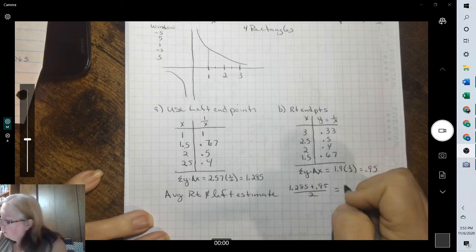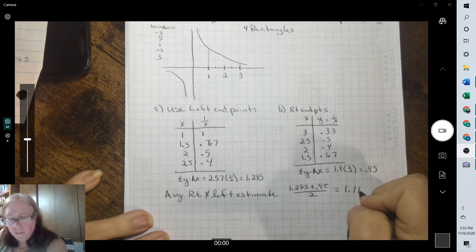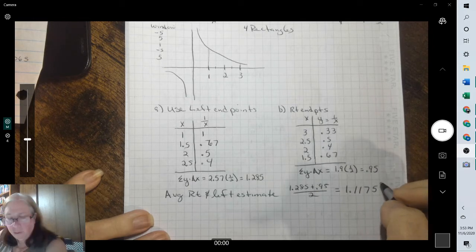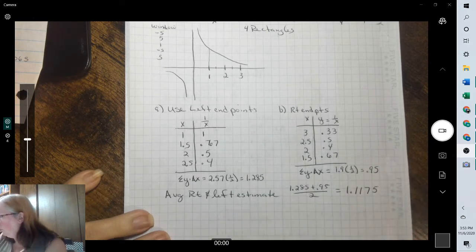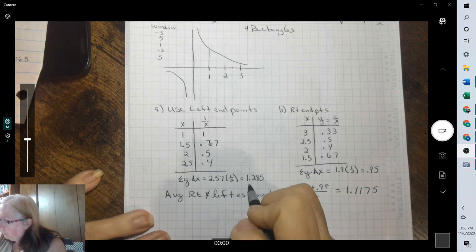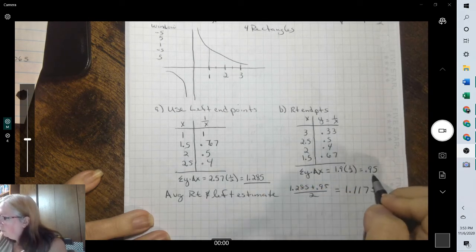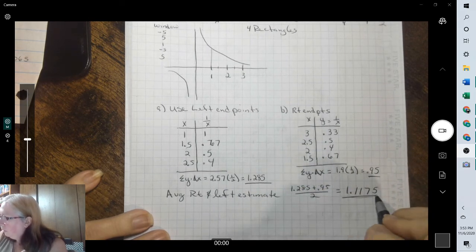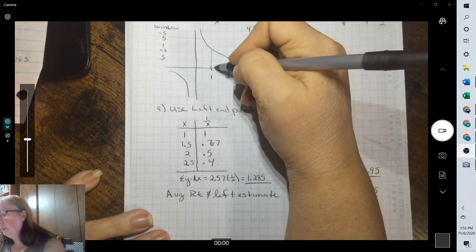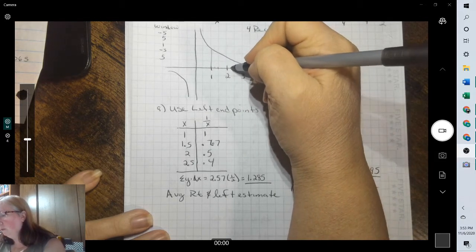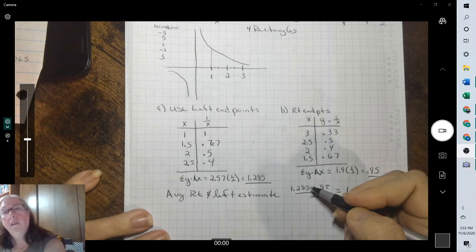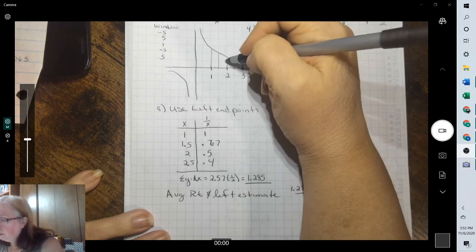And we'll find the actual value in a second, and we'll see what's the closest. But right now we have this value, this one, and this one. Now, of course, there's one more. We can do the midpoint in here and see where it lands. Let's see, we're doing 4 rectangles.